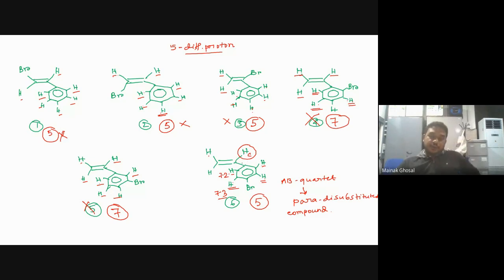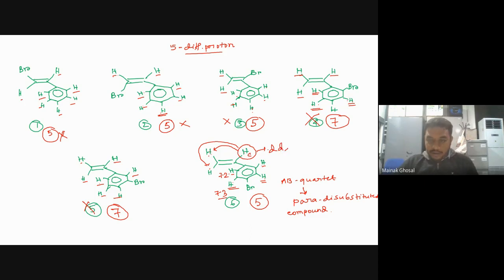It will find no proton here, so it will couple with this and with this. So you expect a triplet, but this will not happen because these 2 hydrogens are different. These are diastereotopic hydrogens, so the coupling strength will be different, and it will give you a doublet of doublets.